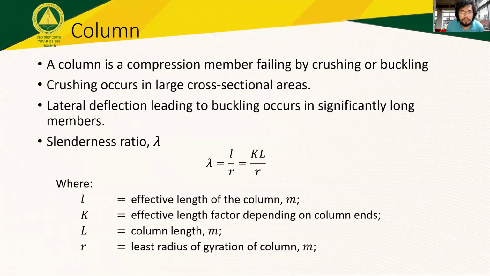There's the slenderness ratio, represented by the symbol lambda, and it's equal to KL over r, with L the actual length of the column and K a factor multiplied to it to get the effective length.